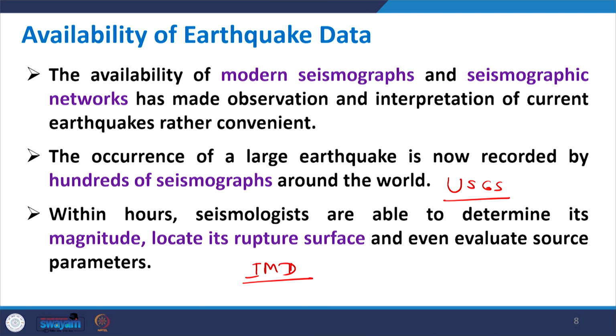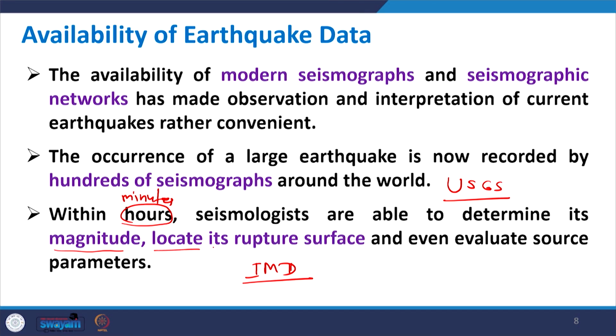Within hours of an earthquake, seismologists are able to determine its magnitude, locate its rupture surface and evaluate source parameters. Rather than saying within hours, I think it will be within minutes. Nowadays times have changed, so this should be read as within minutes. Within 10 or 15 minutes, most of the information comes, sometimes even within 5 minutes.